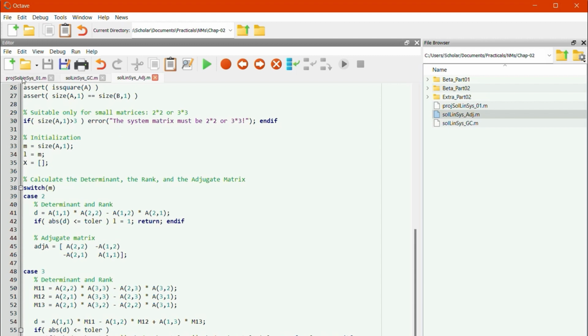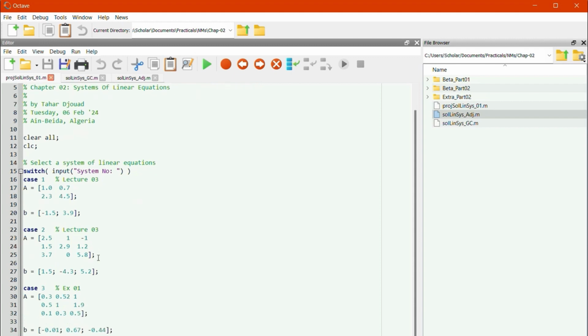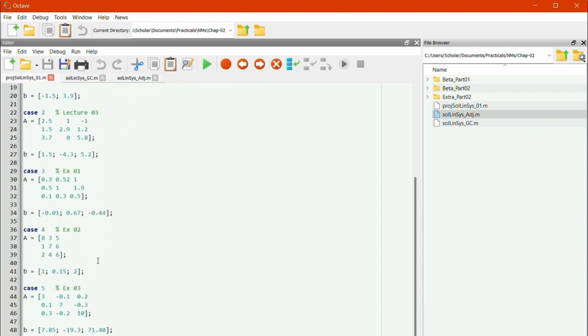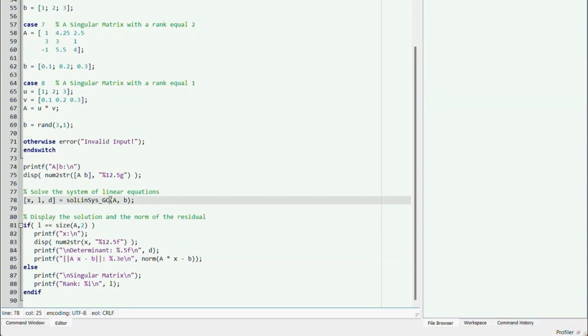We test it using the same script we have used to test Gabriel Cramer. We prepare the data. We call our function not Gabriel Cramer, but adjugate matrix. And here we have only one column, because the vector B is one column.